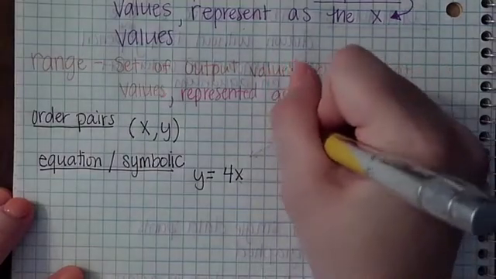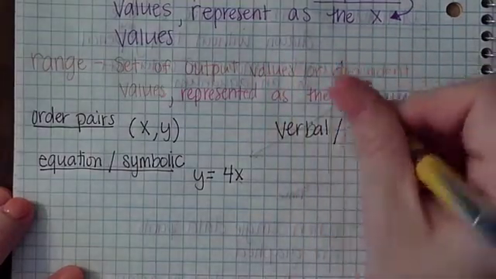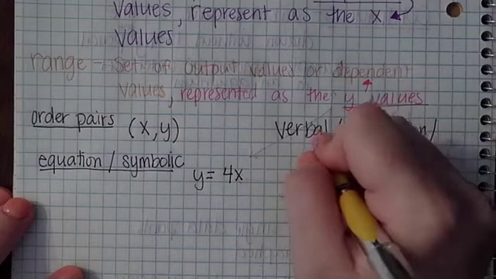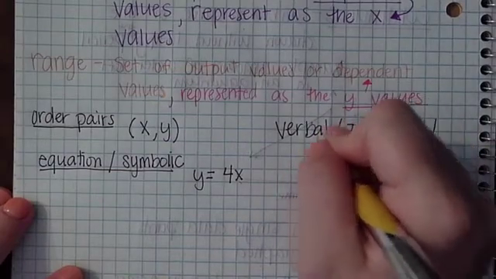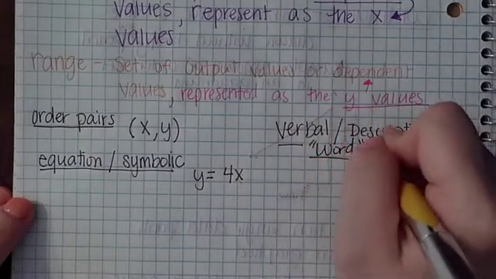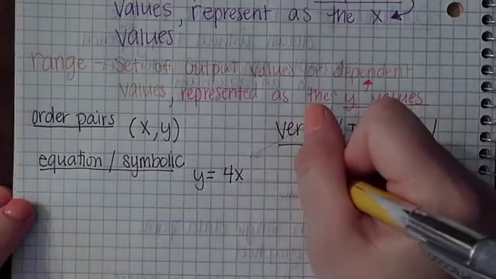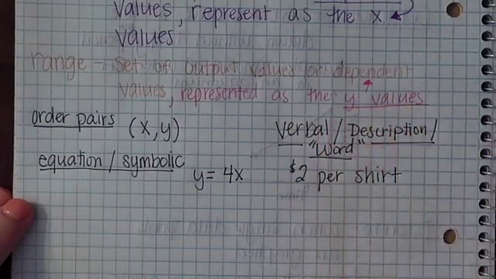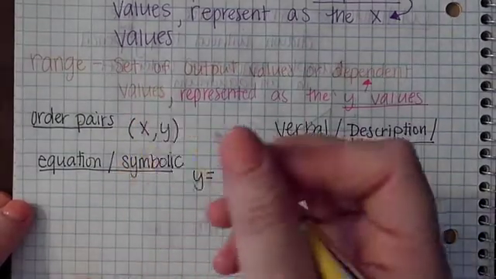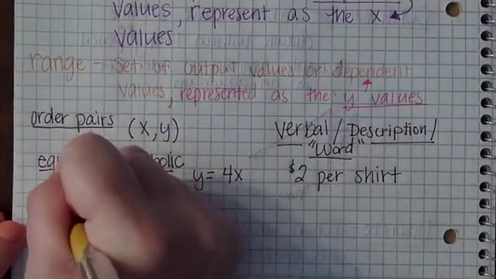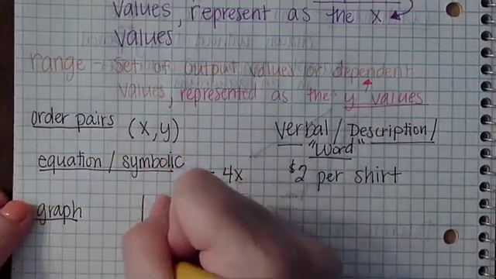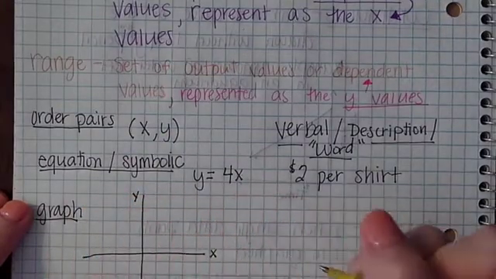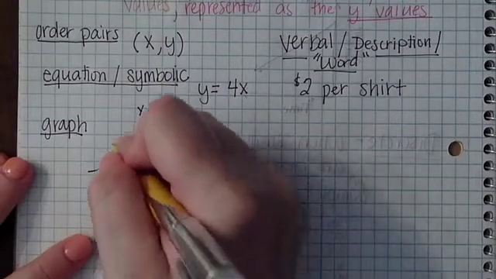I'm going to go over here and write a few more. Verbal, or description, also word. Might be something like $2 per shirt. And then of course we have a graph, which remember, a graph has the y-axis and the x-axis, and we'll just make a U like they did.